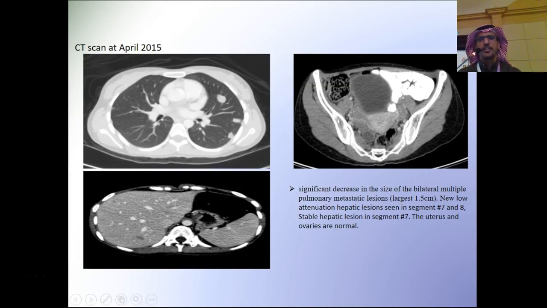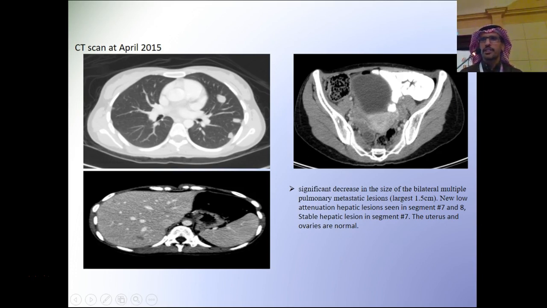By restaging, there is still bilateral lung metastasis. There is a significant response, more than 70%, but still bilateral lung metastasis, and the largest was 1.5 centimeter. Now normal uterus, normal ovary, but there is a new hypodense lesion in the liver, in segment 7 and segment 8.